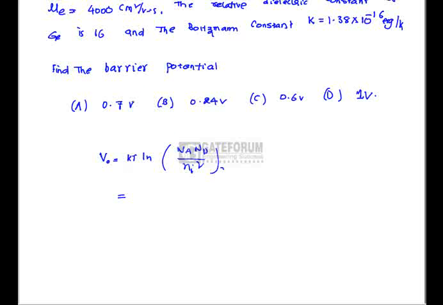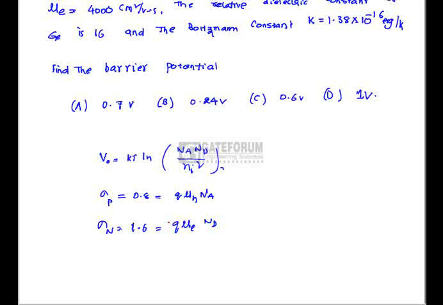From the conductivities we have, on the p side, Na and Nd can be determined from sigma P equals 0.8, which equals Q mu H into Na, and sigma N, 1.6, equals Q mu electron into Nd.